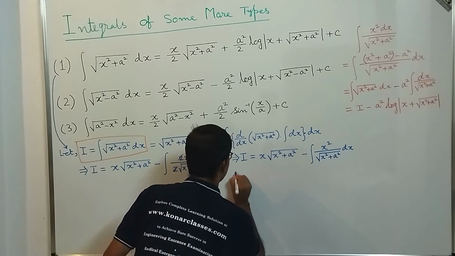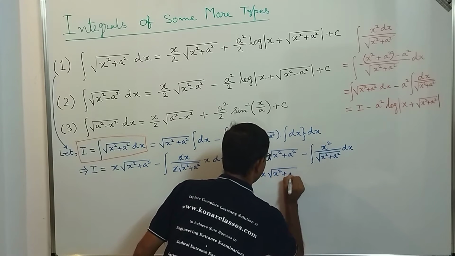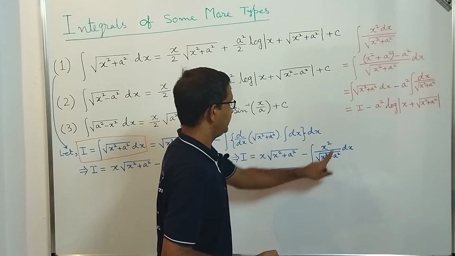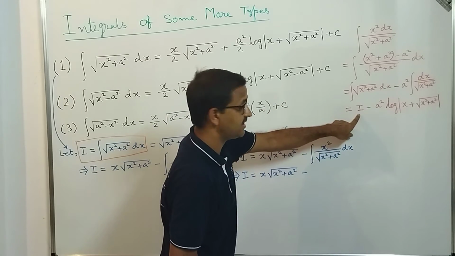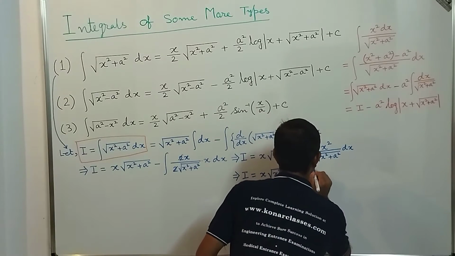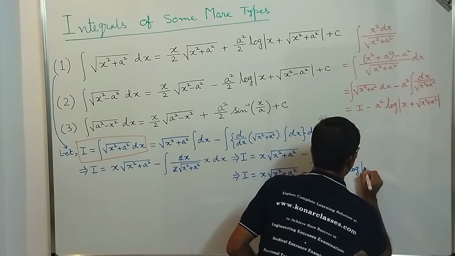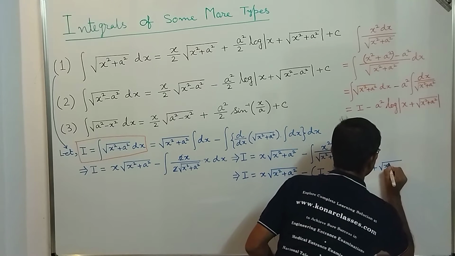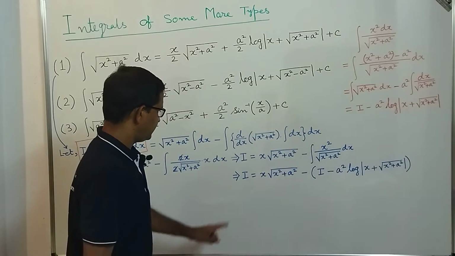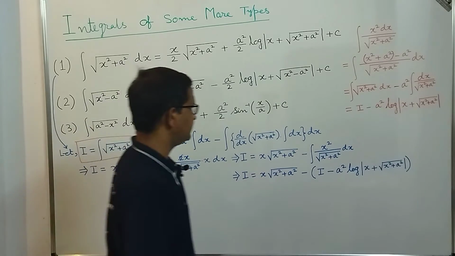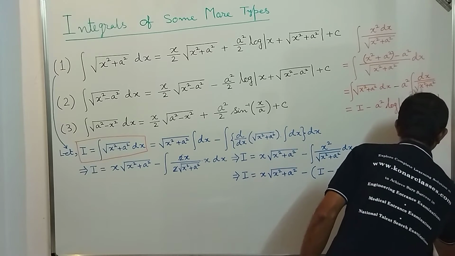So this implies I is equal to x into square root of x square plus a square minus this integration of x square by square root of x square plus a square dx, which is equal to, what we can write, I minus a square into log mod x plus square root of x square plus a square. Okay, and as we are done with this integration, we can include one integrating constant, suppose C1, where C1 is an integrating constant.